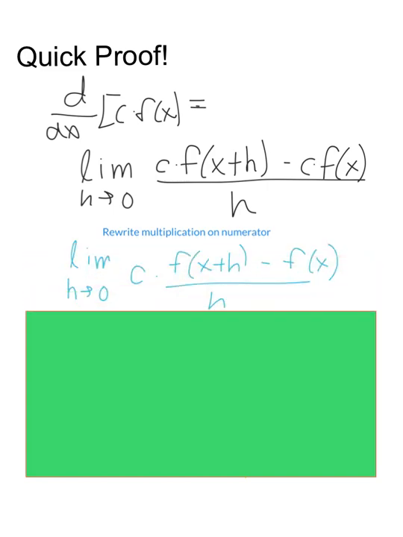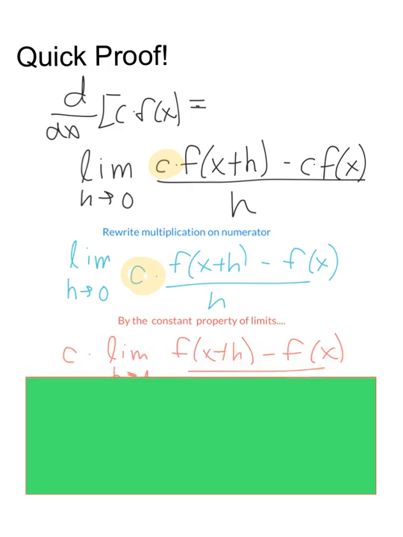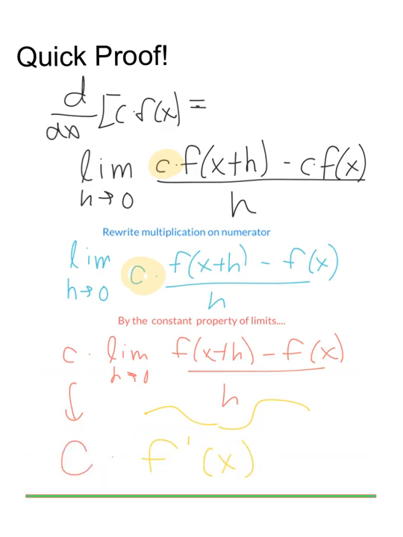So again, I just took this c right here, which is being multiplied, and moved that multiplication in front of that fraction. The reason I did that there was so now we can apply some properties of limits, which means we can pull that constant out of the limit. And then even further, just by definition, then we pull that constant out. So our constant is in front of our function. And by the limit definition of the derivative, this is our derivative.